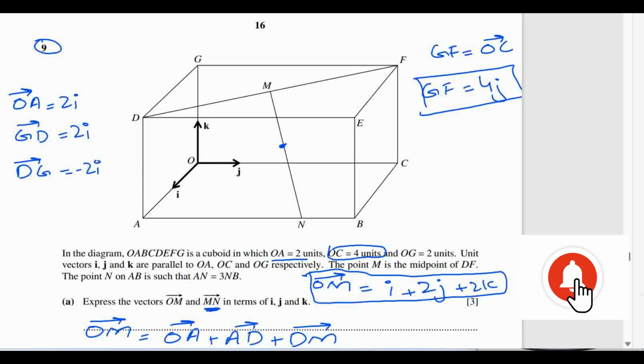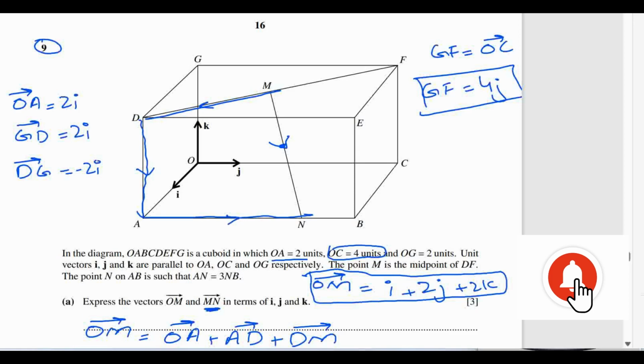Now for MN we can use this path: MD plus DA plus AN. We can use this path to find the value of MN.